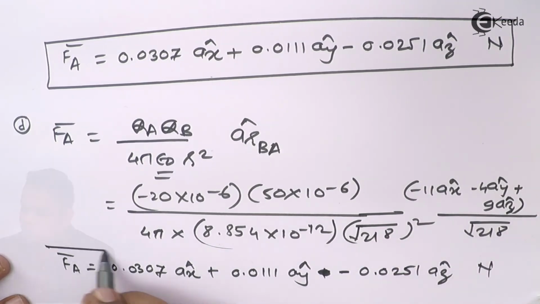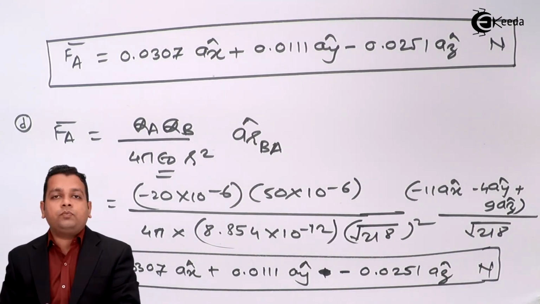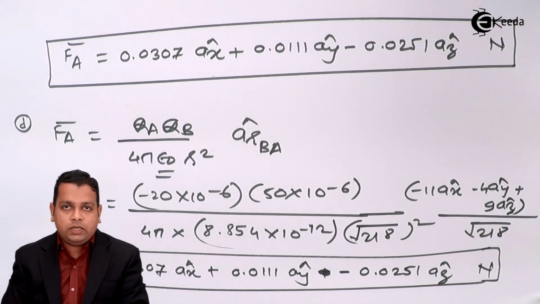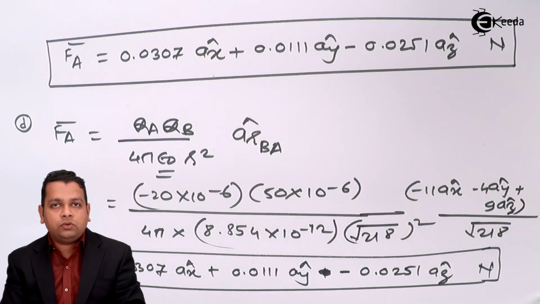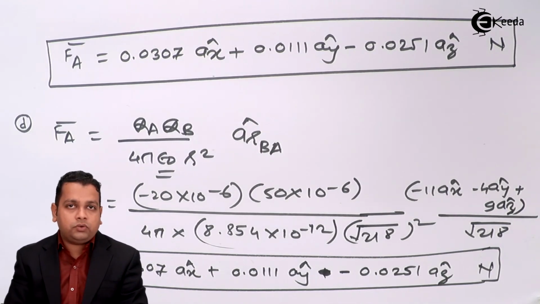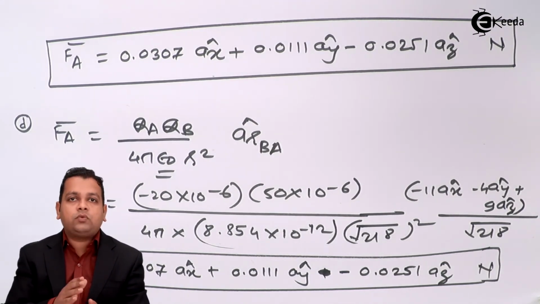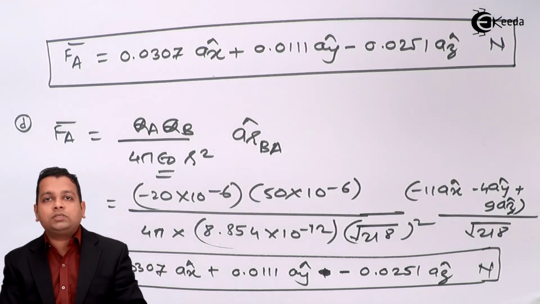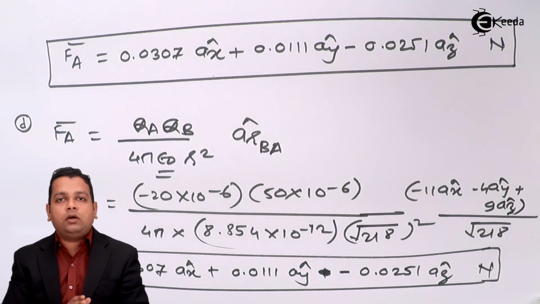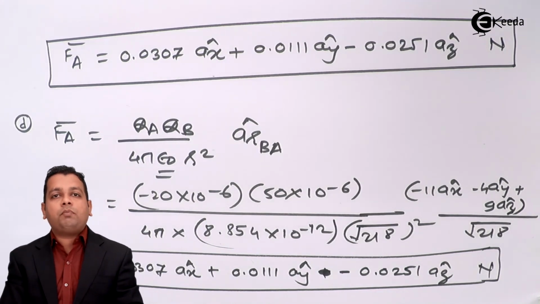Unit is newtons. So if we give attention to the answers of part C and part D, the answers are same. The value of epsilon 0 is also having the same magnitude but in different forms. In C it was 10 raised to power minus 9 upon 36 pi, and in part D it was 8.854 into 10 raised to power minus 12 farads per meter.